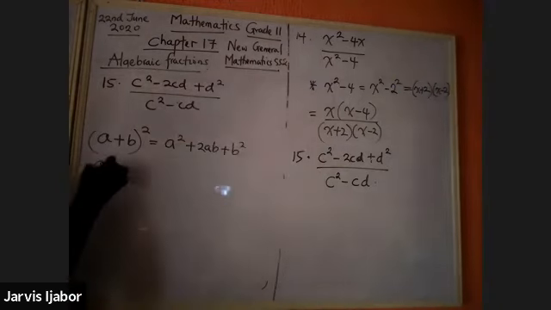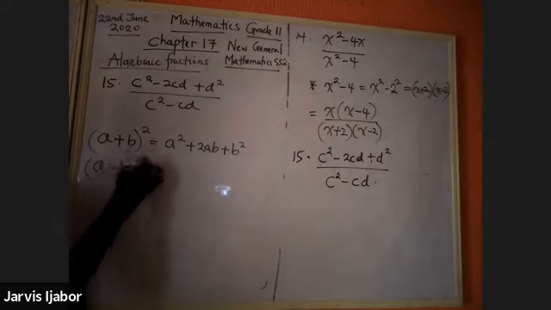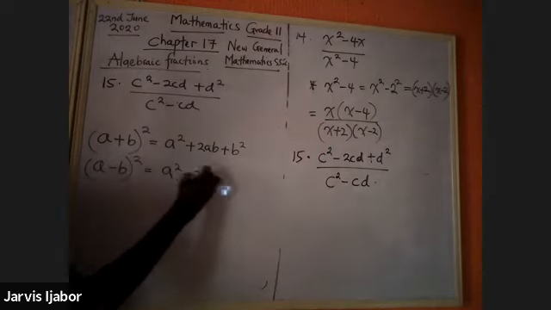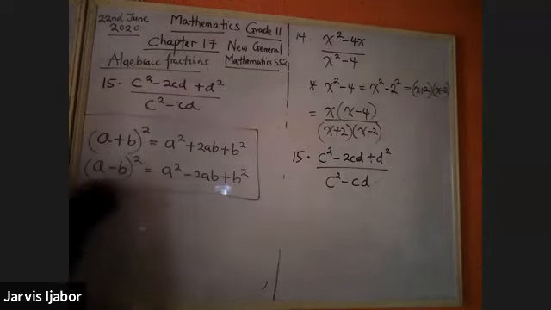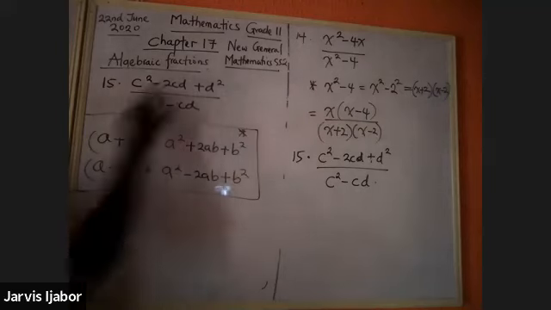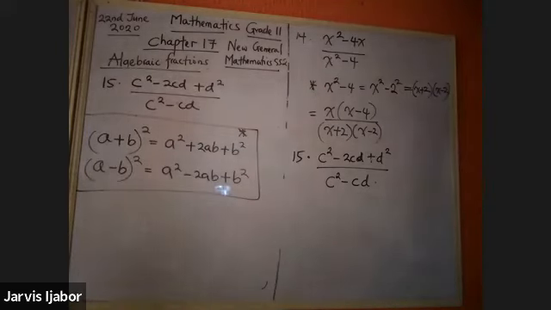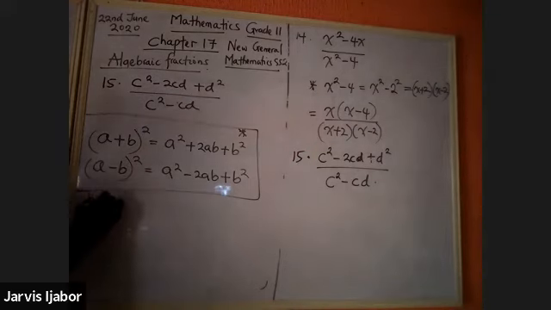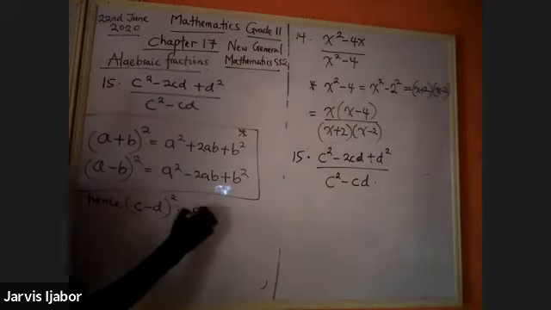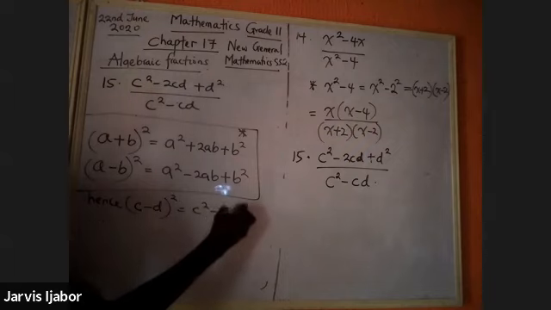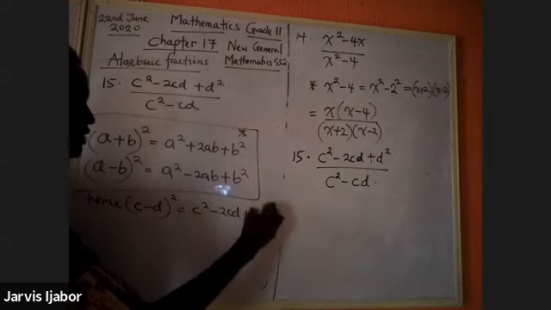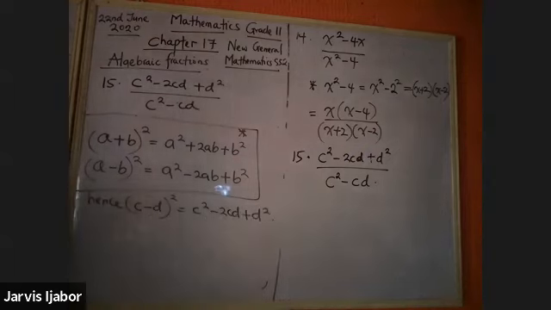Also, a minus b all squared is equal to a squared minus 2ab plus b squared. This is what is coming in handy in the first example. Does this not resemble this? So hence, it will be equal to c squared minus 2cd plus what? d squared. Are you seeing that?